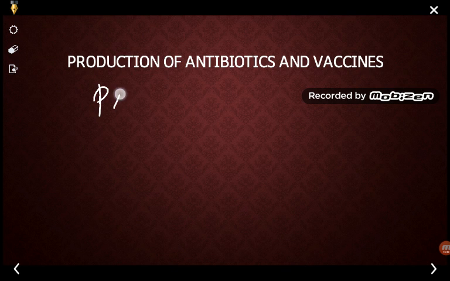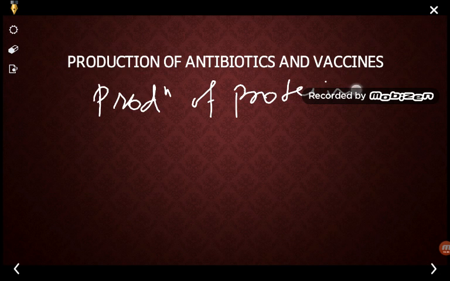Next is the production of proteins. In many mammals, proteins which are essential for the normal health of the human, for example insulin. Insulin is one of the proteins that can be produced by using a proper microorganism. तो इंसुलिन हम प्रोड्यूस कर सकते हैं by means of a proper microorganism.